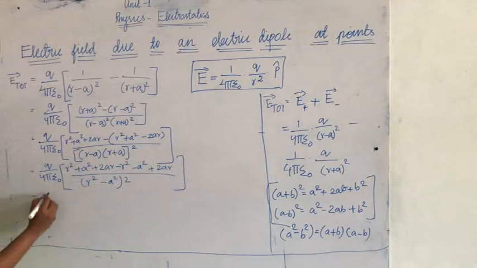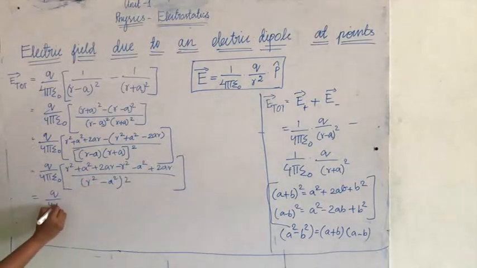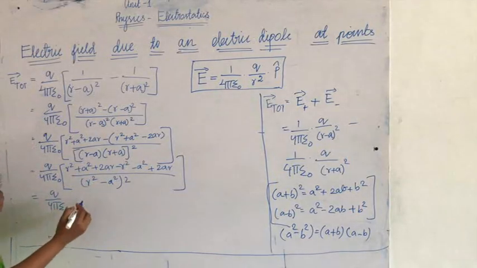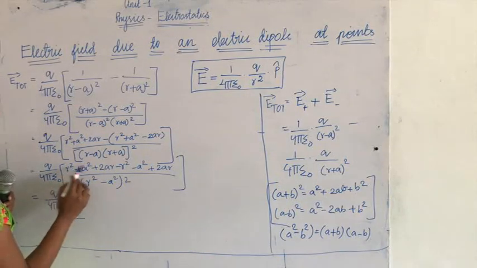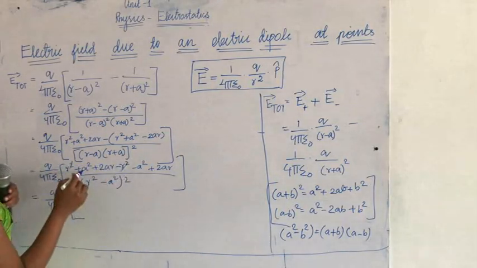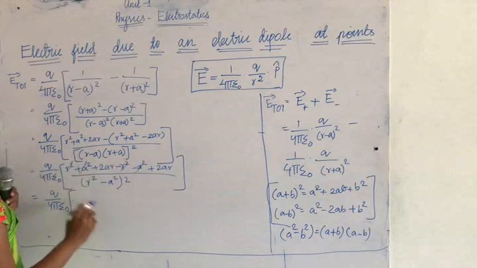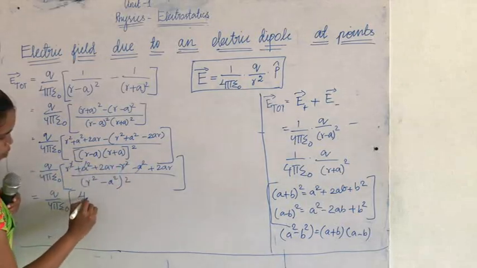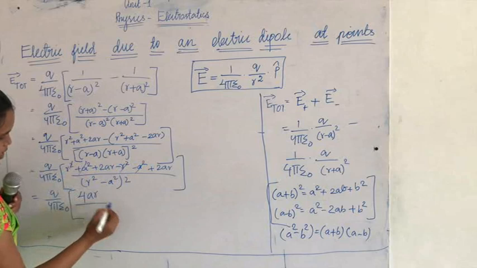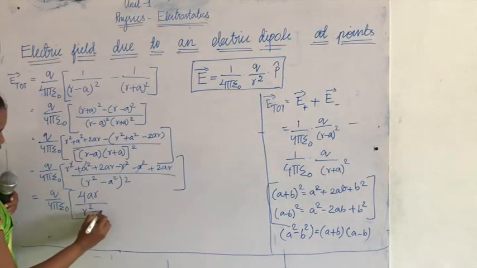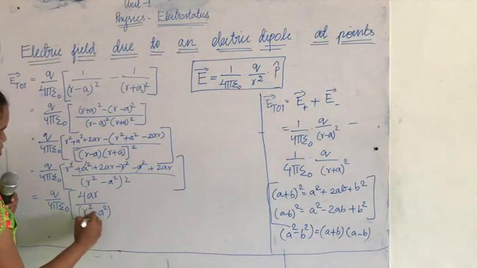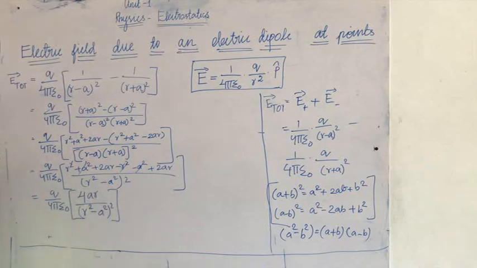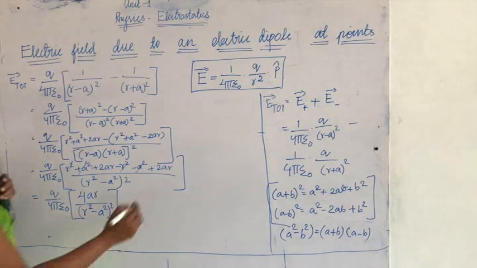Now solve it. Q by 4 pi epsilon 0, r square gets cancelled, a square and a square get cancelled, then 4ar divided by (r square minus a square) the whole square. Yes, there is another formula.